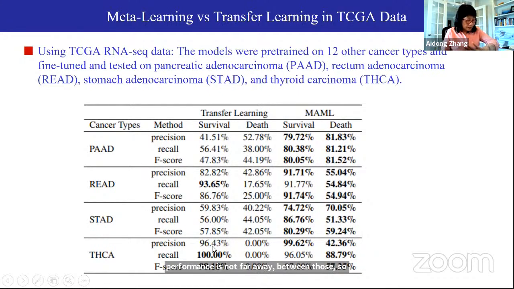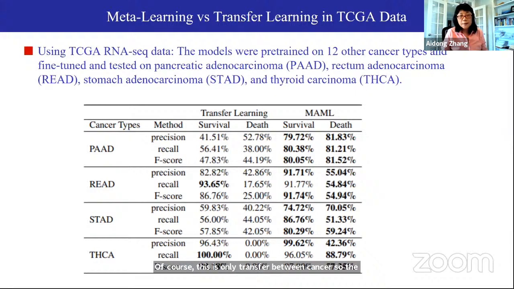So I think we can claim meta-learning can do better than transfer learning in transferring knowledge between different cancers. Of course, this is only transferring between cancers.